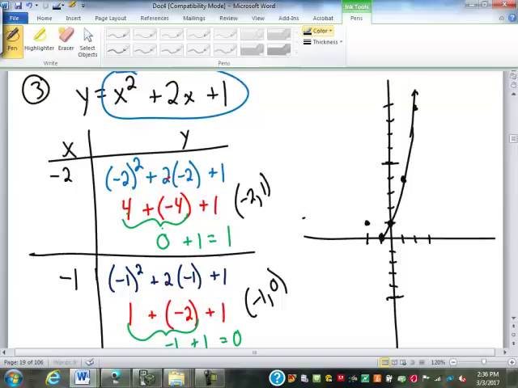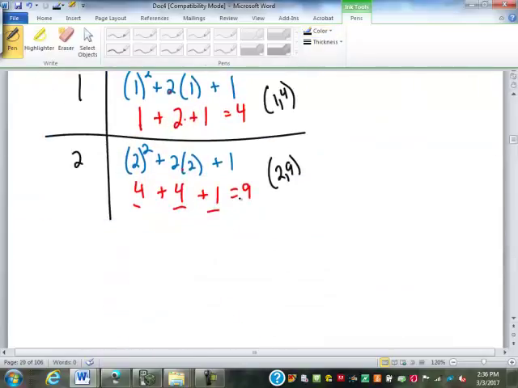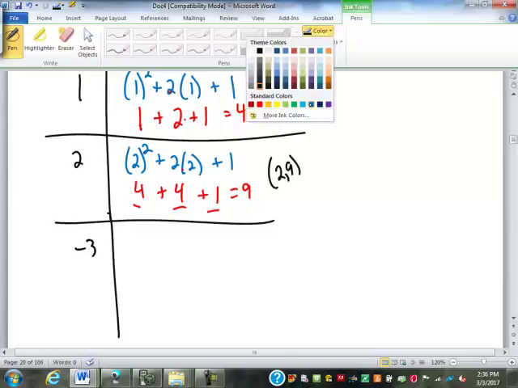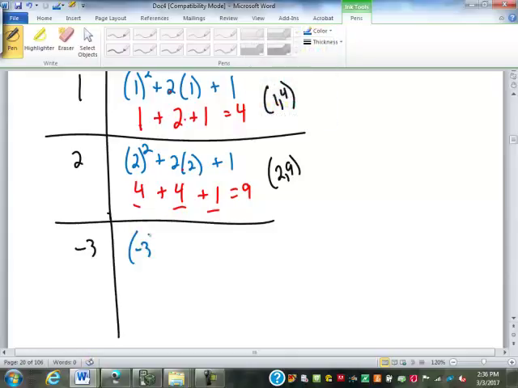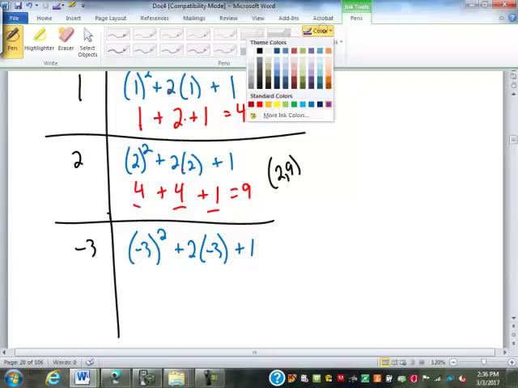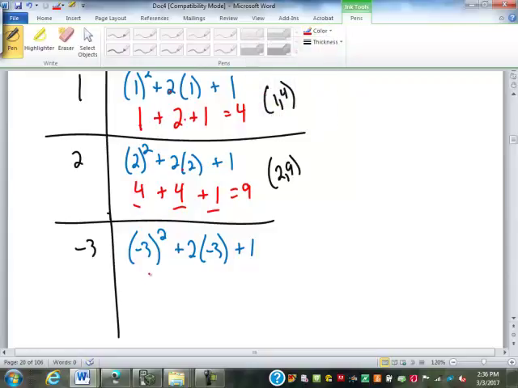So let's go back and use x is -3. So if x is -3, this is going to be -3 squared plus 2 times -3 plus 1. What is -3 squared? 9, good. What is 2 times -3? -6, and of course we have plus 1.